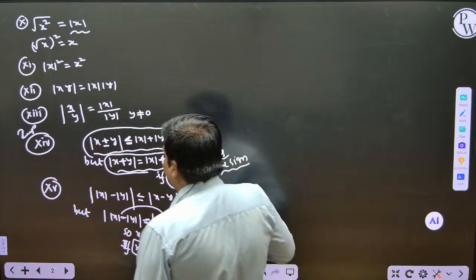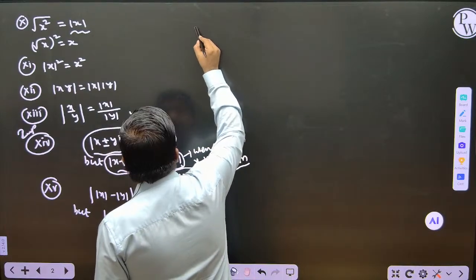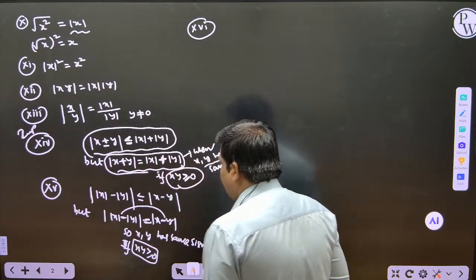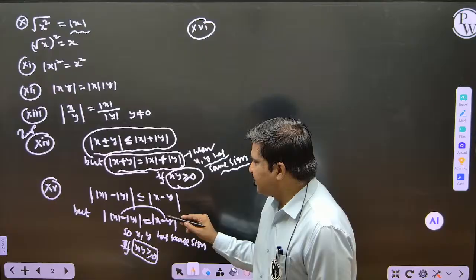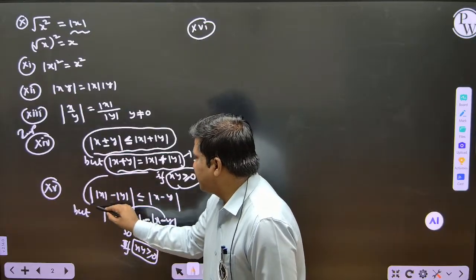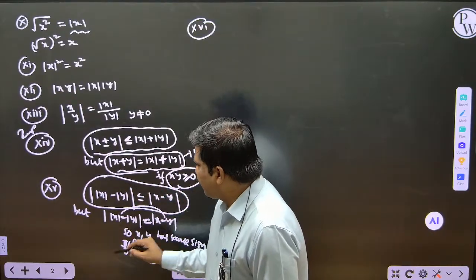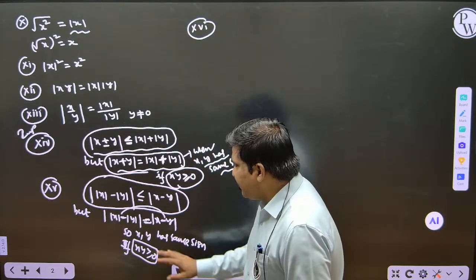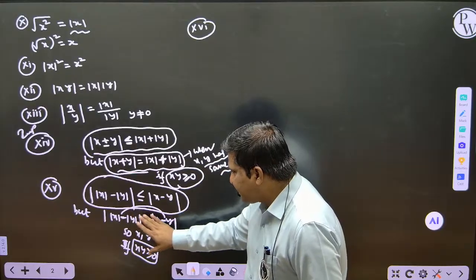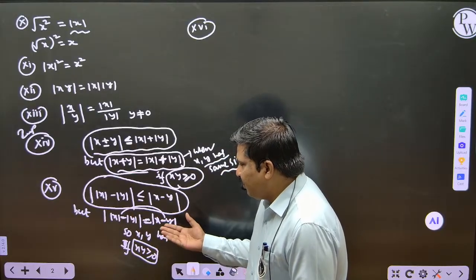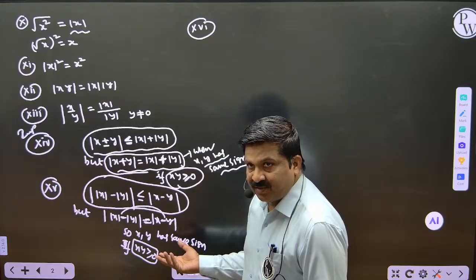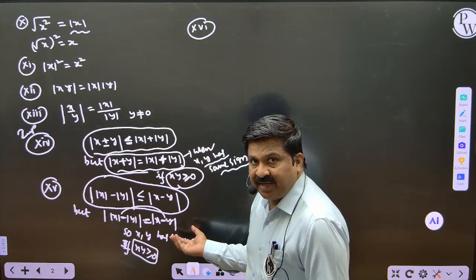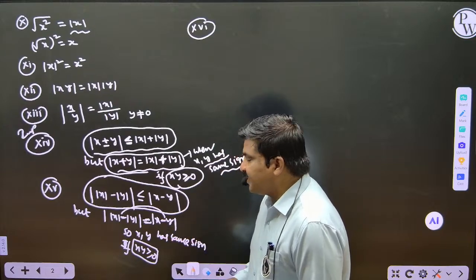Now the 16th one, look at here. This is the inequality. Here in the inequality, equality is also there. When that equality is possible means whenever this relation has the same sign, maybe both are positive or both are negative, then x comma y also have the same sign.